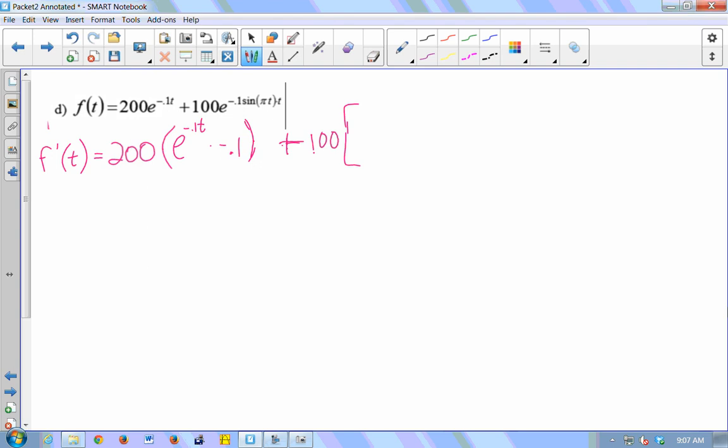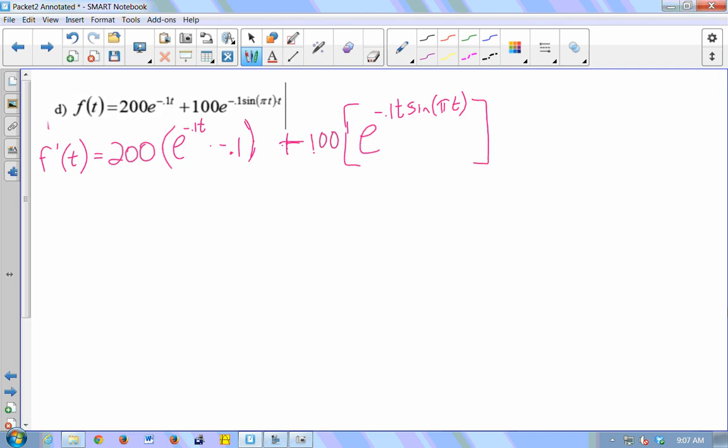Well, I know you guys know. E to the stuff times the derivative of the stuff. So I have 100 times e to this stuff, negative 0.1. I'm going to move the t to the front because it just looks more normal to me, times the sine of pi t.